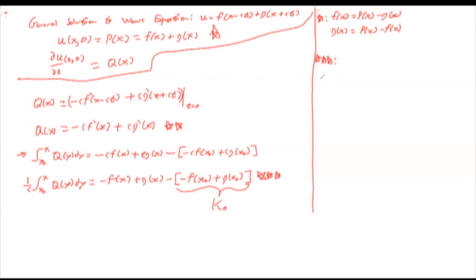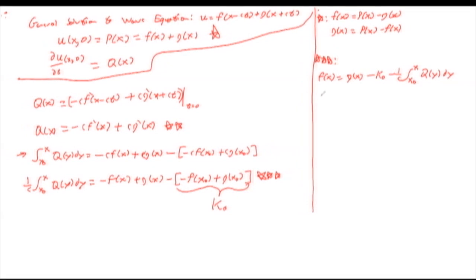So first we can solve for f of x. We can see that f of x is equal to g of x, by moving it to the other side, minus k naught minus 1 over c times the integral from x naught to x of q of y dy.